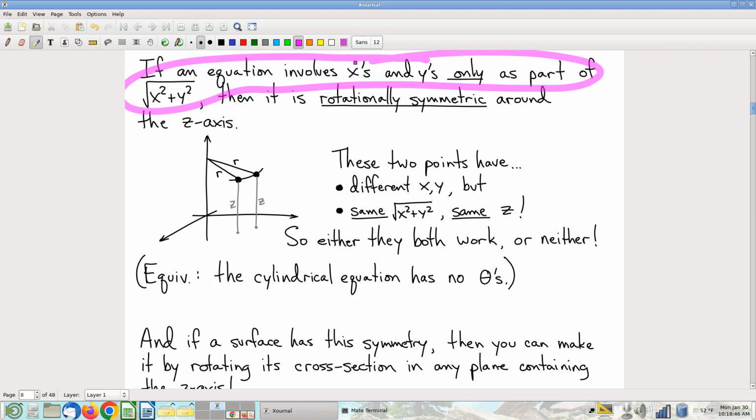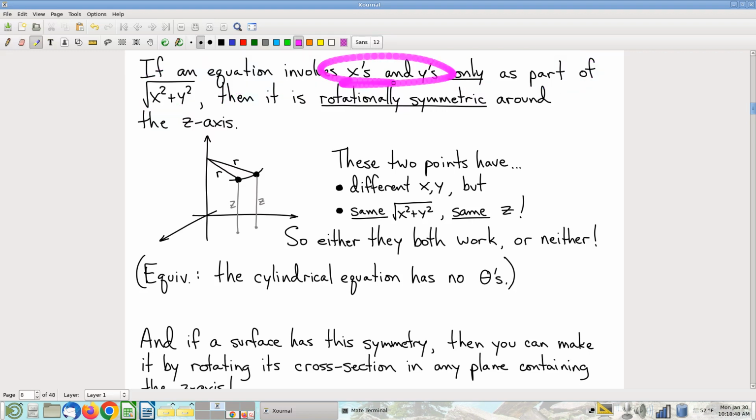But the thing is, if the x's and y's, the possible sources of the thetas, if all they do is go straight into this expression, and if that expression is r, then they don't produce any thetas at all. There just aren't going to be any thetas in the equation.